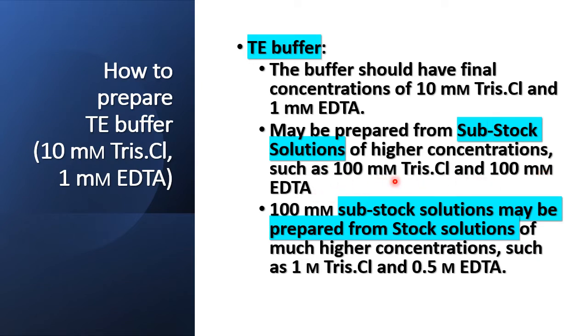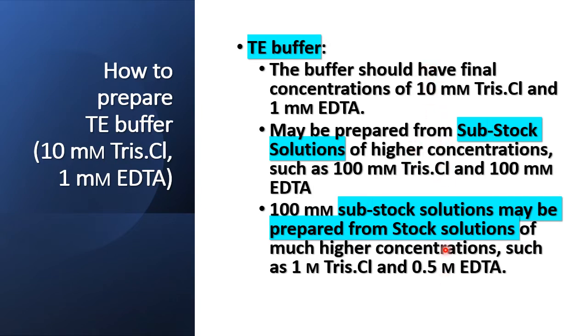But usually you actually make stock solutions of much higher concentrations, like in this example 1 molar Tris chloride and 0.5 molar EDTA. These stock solutions are diluted to substock solutions, and the substock solution is diluted to the final concentrations.